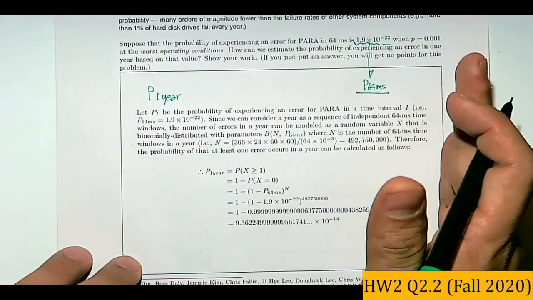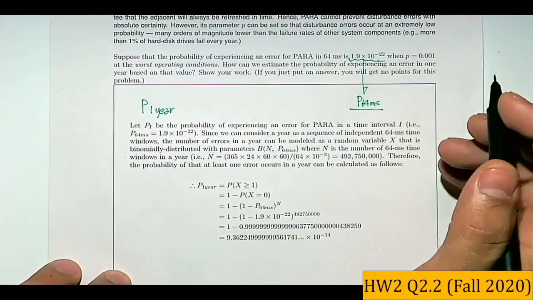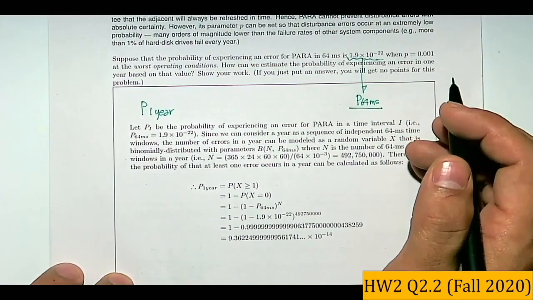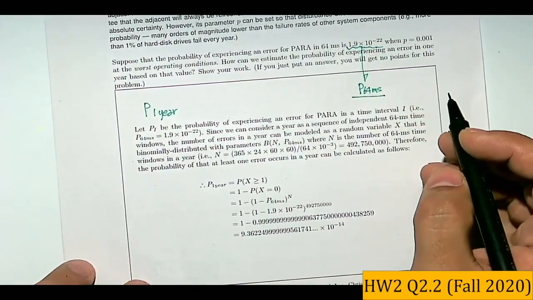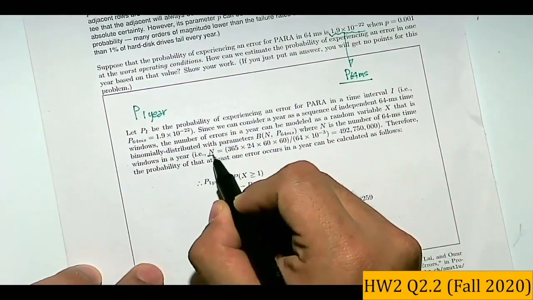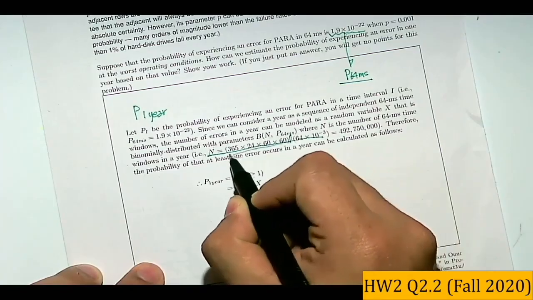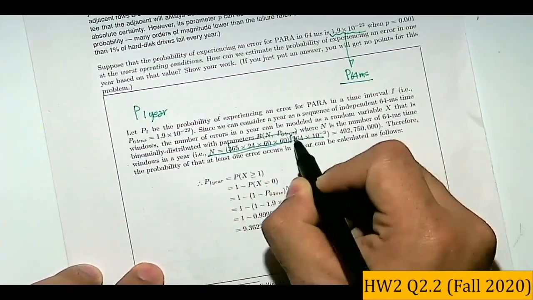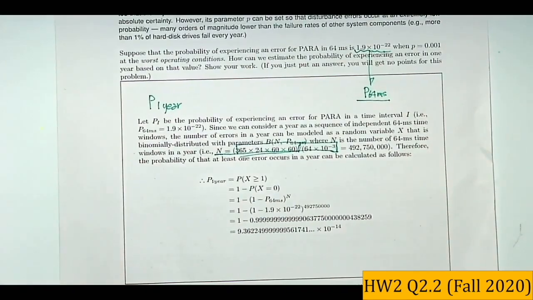Then we can consider a year as a sequence of independent 64 millisecond time intervals, and let's say the number of 64 millisecond time intervals is n.